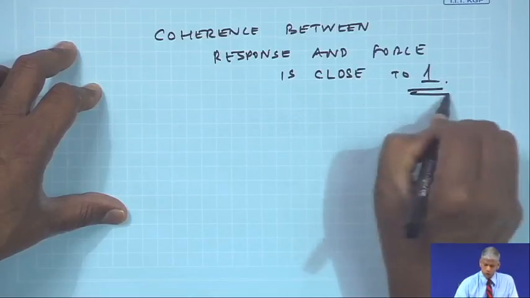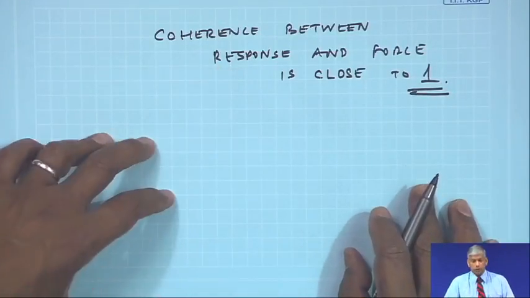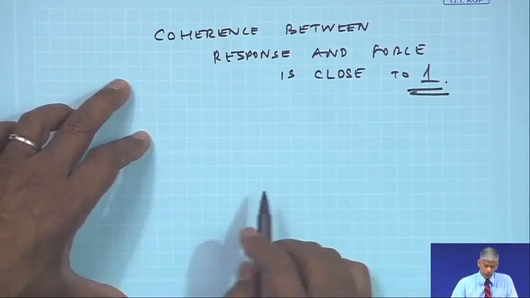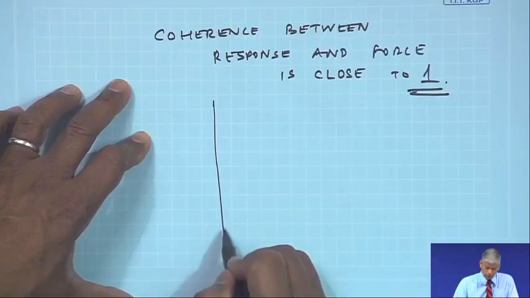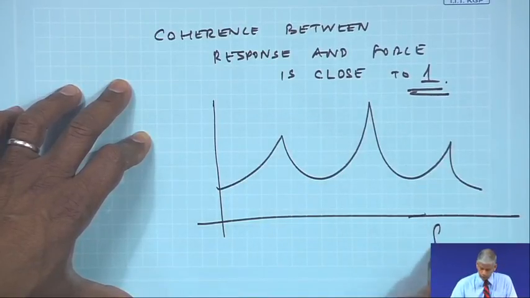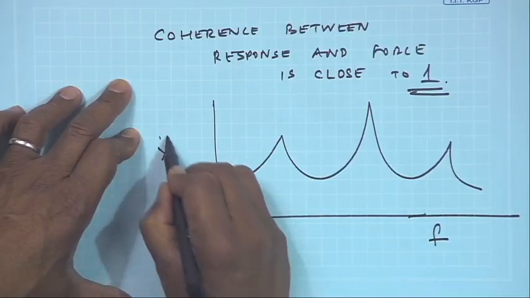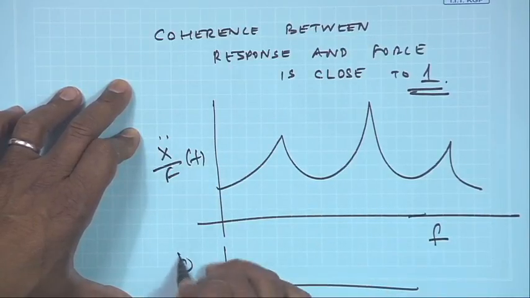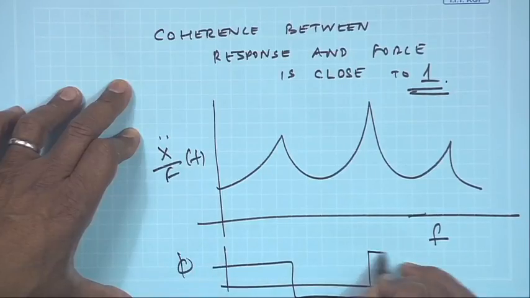Then you are doing a good measurement, otherwise the effect of noise comes into play, and then you will have a lot of problems. From an FRF or the transfer function, we can find out the resonances, and of course, you have to look correspondingly at the phase angle also and how it changes by 90 degrees.